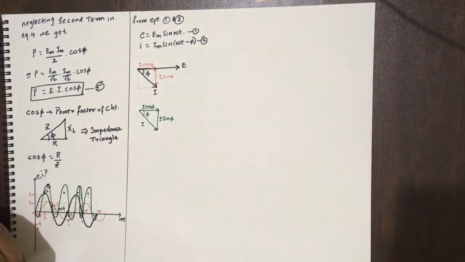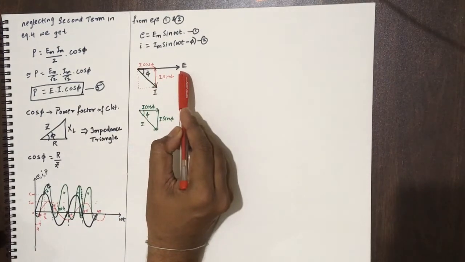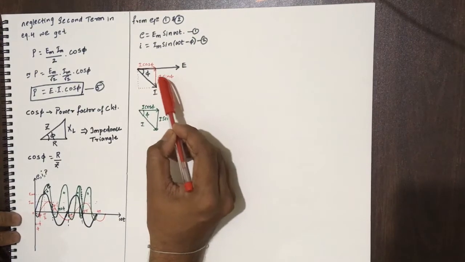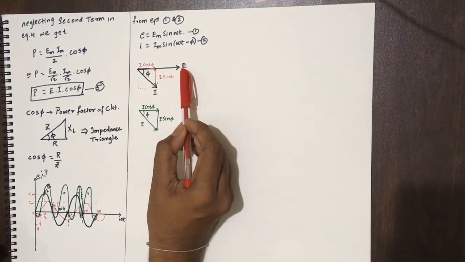Now observe the horizontal component I cos phi is in phase with voltage E, and the vertical component I sin phi is at an angle of 90 degrees lagging with respect to voltage E.